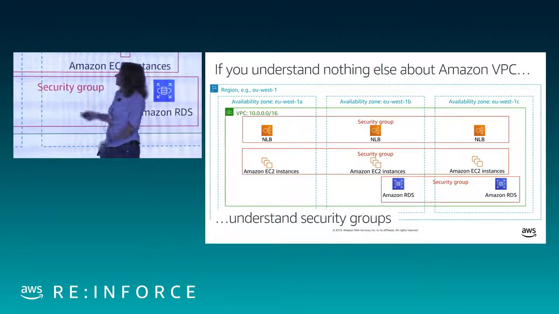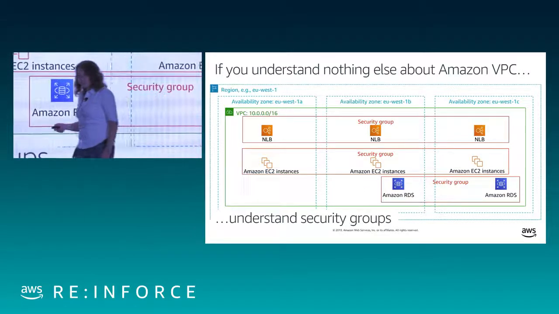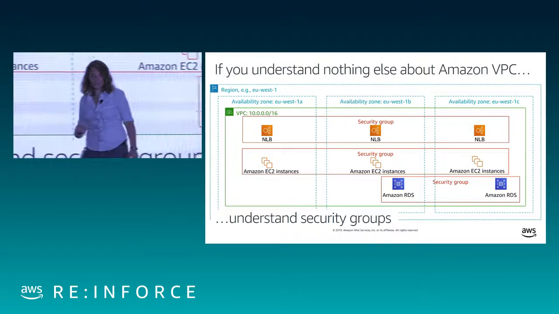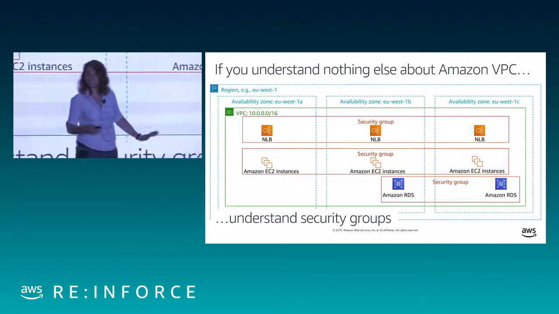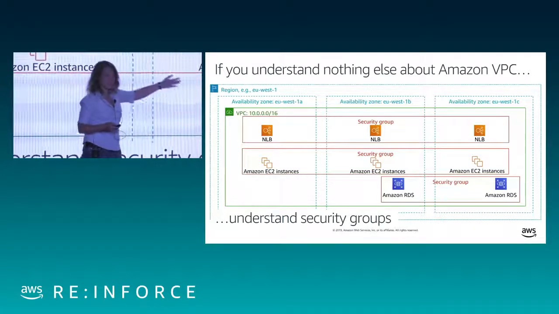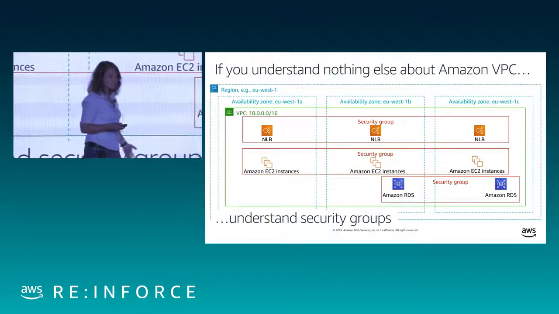So here is my application that I just described to you. From a security standpoint, from a connectivity standpoint, there's really three classes of things in here, three groups. I've got the load balancers, I've got the application running on EC2, and I've got the database.